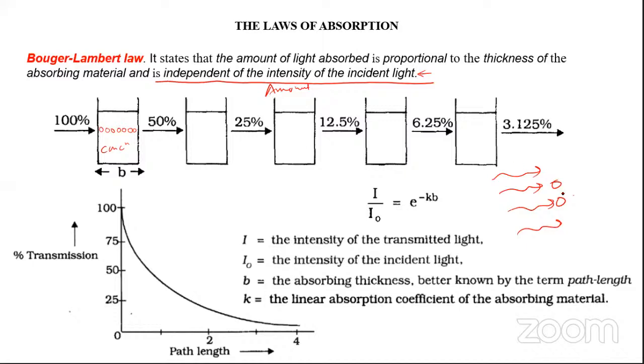If there are 4 radiations and there are 2 molecular entities involved, then there will be 2 radiations lost. But if there are 4 molecules but they are not in the path of light, then these 2 radiations will come out as such, and you will miss these 2 events, correct? Correct, sir.